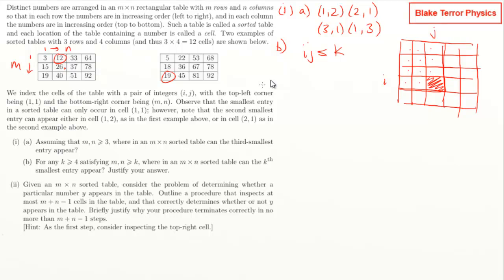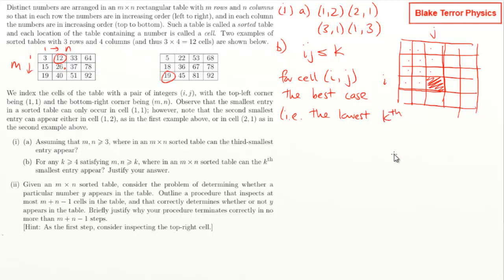Justify your answer. Right, so the cell ij, the best case. So what do I mean by best case? I.e. the lowest k, or the lowest kth.